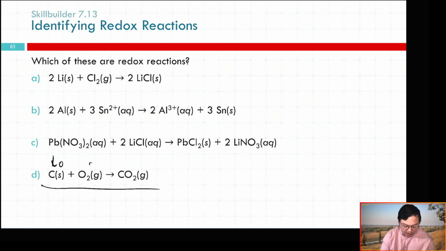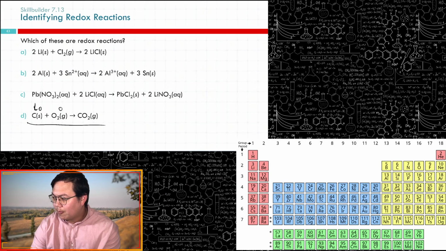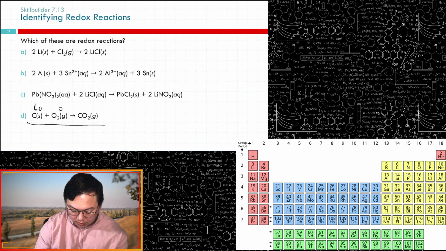Oxygen by itself has a zero charge. And again, this is getting into oxidation numbers. But for CO2, when we combine these, they're bound together, so they have charges. If you look at the periodic table, carbon is in 4A, so it's going to be a +4 charge.